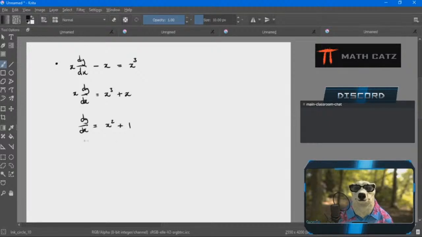And then I see, okay, well, this is just an antiderivative question again. I have a function y whose derivative is x squared plus 1. Therefore, y is the indefinite integral, or the antiderivative, of x squared plus 1, which I can do.